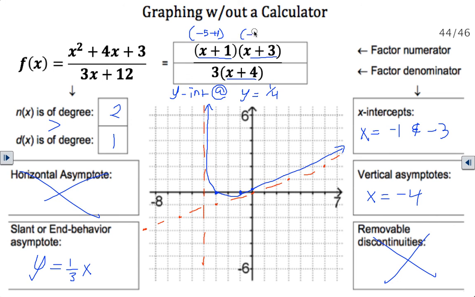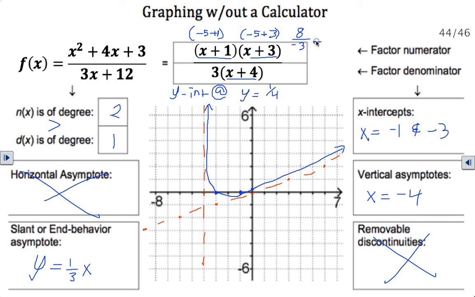And a -5 plus 3. So in the numerator, I have, let's see, -4 times -2, which will give me a +8. And then -5 plus 4 gives me -1. -1 times 3 is just a -3.